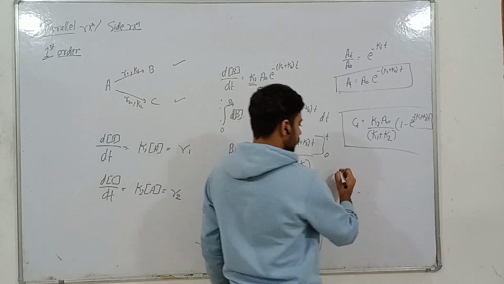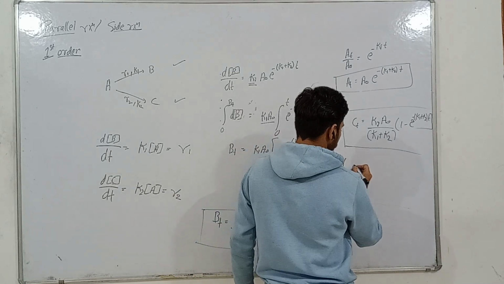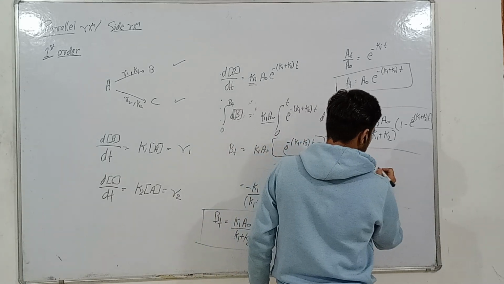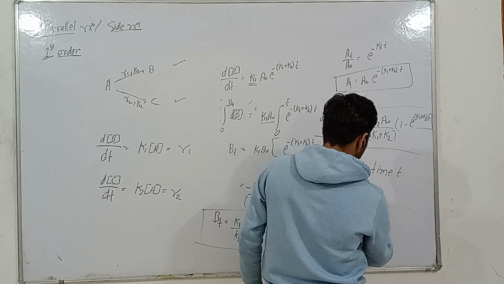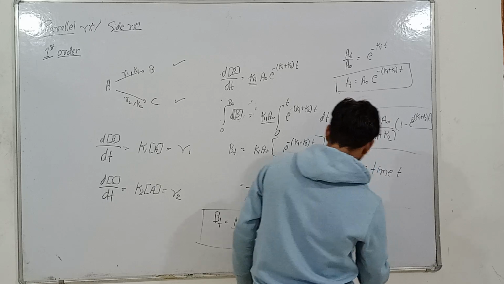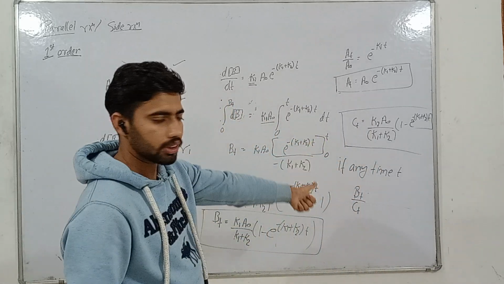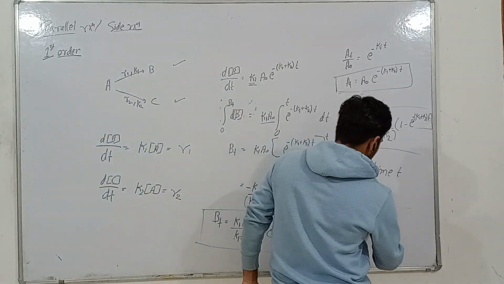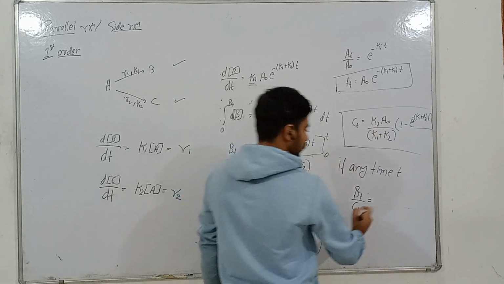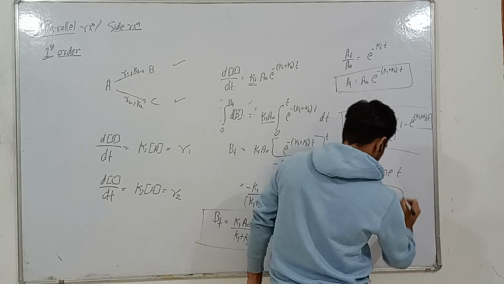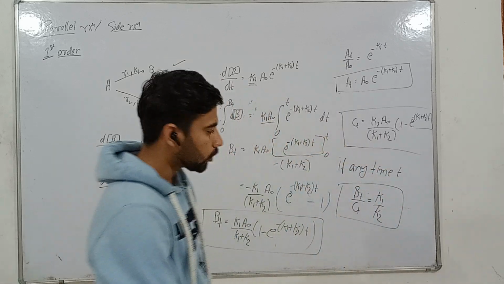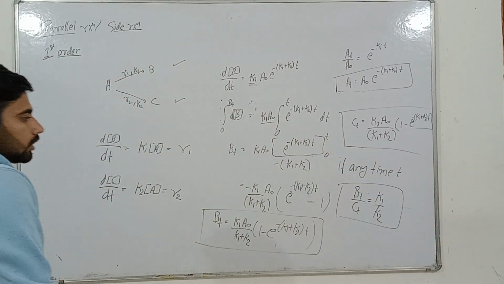At any time t, the concentration of b divided by the concentration of c will be equal to k1 upon k2. No problem. That is the concentration of b.